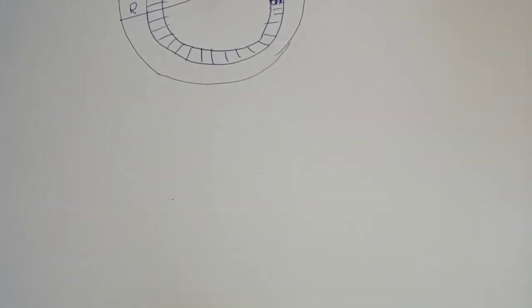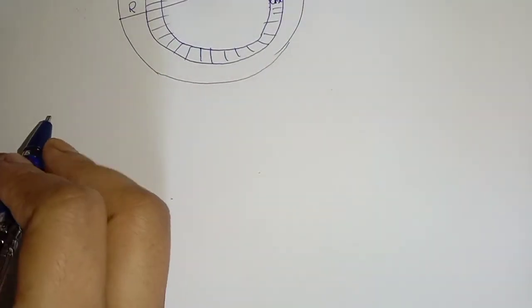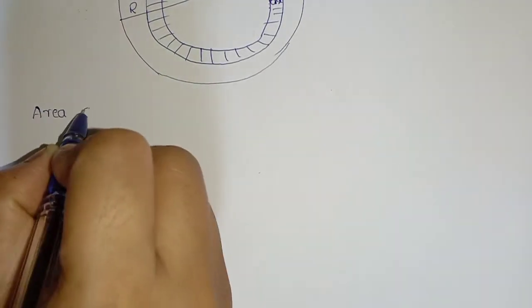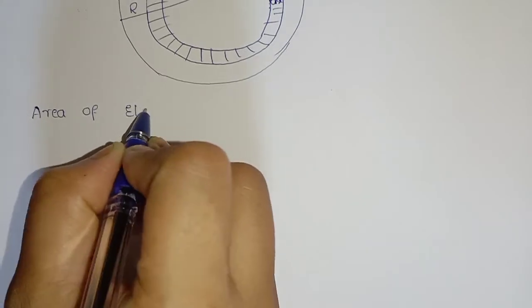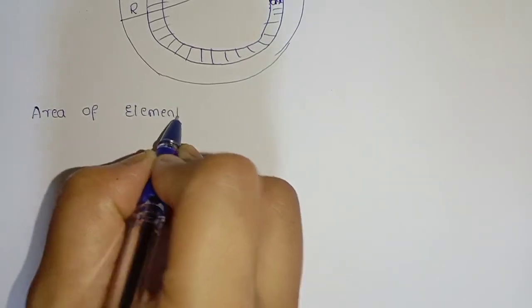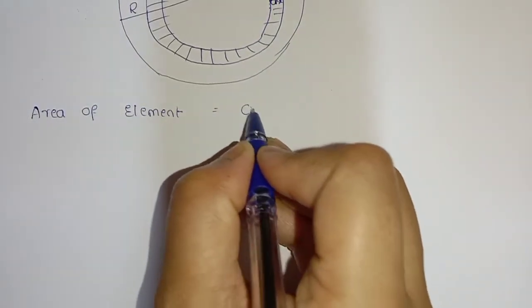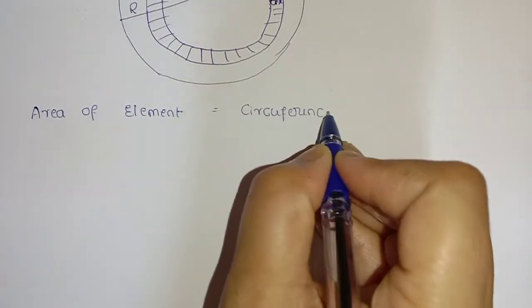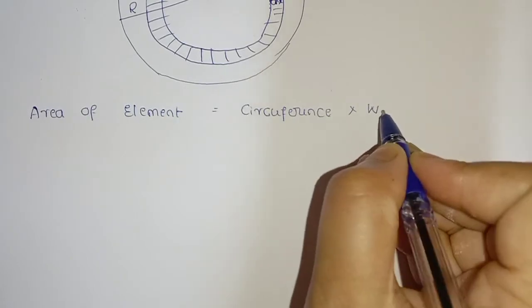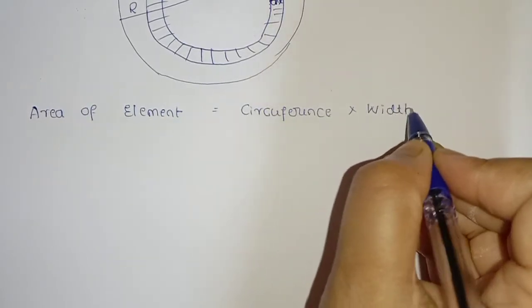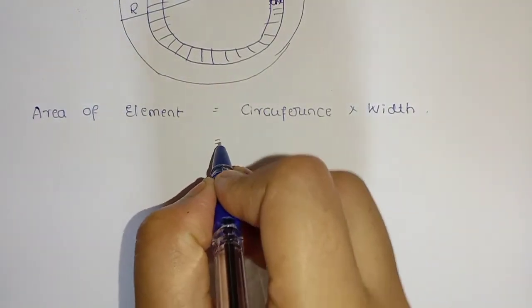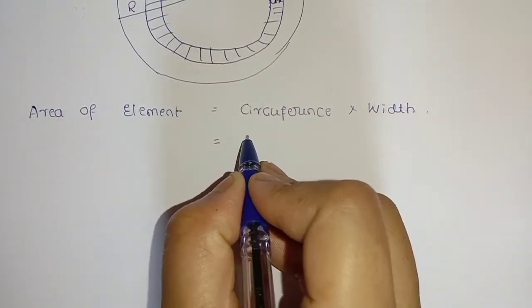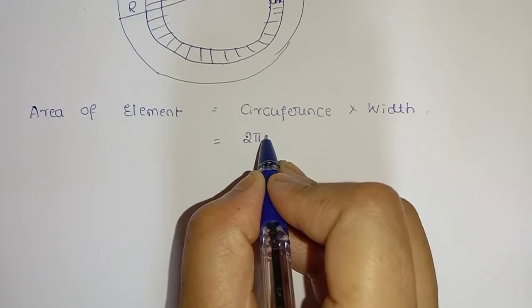Now, the area of this small element is equal to circumference into its width. Circumference of a circle is 2 pi r.